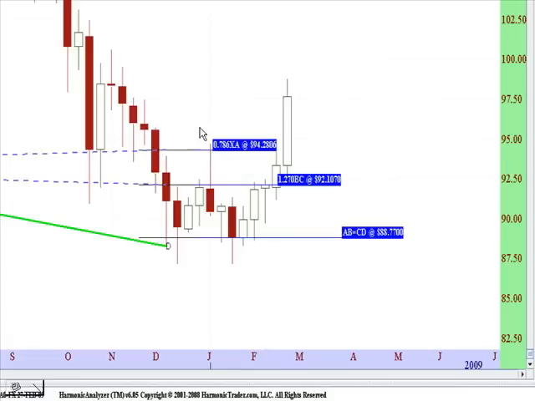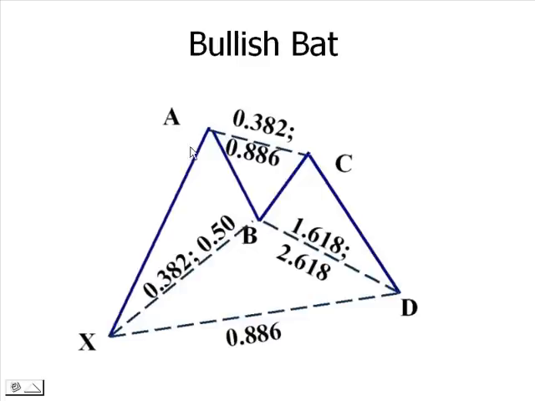So let's look at a bat pattern. A similar M-type structure, bullish bat. Here's your X point, there's your A point, there's your B point, C point. Now the B point here is usually at a 50% of X to A. So if X to A is just say 1 to 101, and then come back, retrace 50.5.